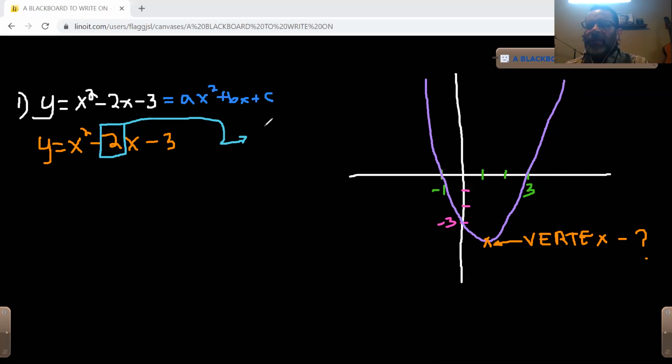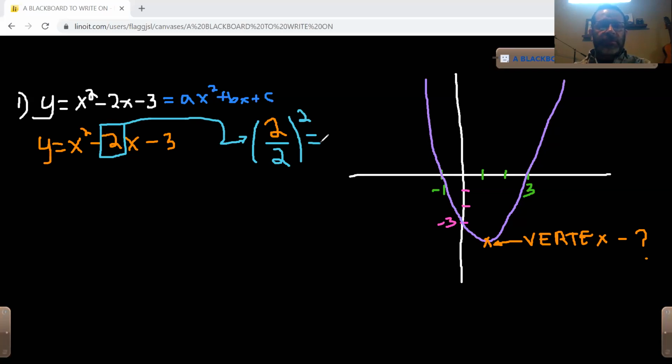By the way, I'm going to do it without the sign. So you can just take the value that's multiplying the x. We're going to grab that value, which is 2, and we're going to divide it by 2 and elevate it to the square. This is step 1. What does this give me?